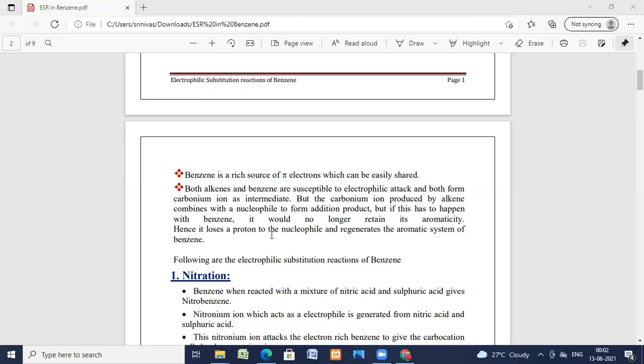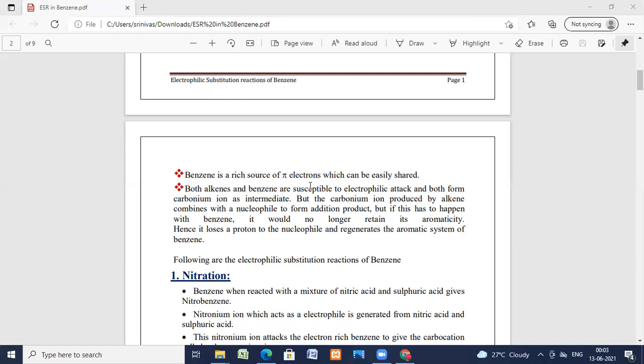Now, I'm going to discuss why aromatic compounds undergo electrophilic substitutions. Due to the presence of the pi electron clouds above and below the plane of the benzene ring or any other aromatic ring, the ring serves as a source of electrons and is easily attacked by electrophiles, electron-loving reagents.